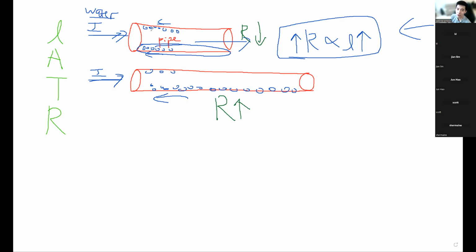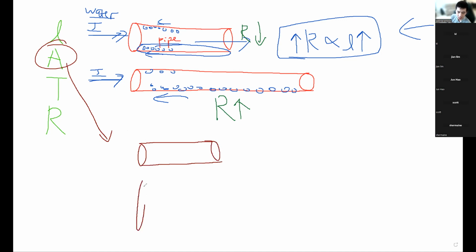Let's move on to the second concept, which is the cross-sectional area of the wire. Let's imagine I have yet again 2 pieces of wire. One wire has a cross-sectional area of this amount versus another wire with the exact same length but with a cross-sectional area of this amount here.